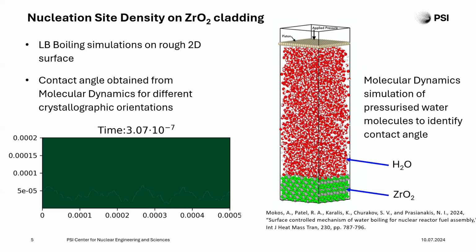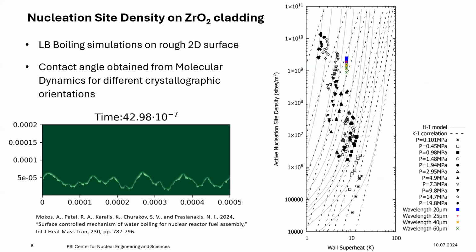We then used geometric series to create a rough surface on which we applied an overheat, and that led to boiling and the natural generation of bubbles at certain points on the surface. By measuring the number of these bubbles, we can then get the nucleation site density, which is an important aspect for the macroscopic CFD simulations.